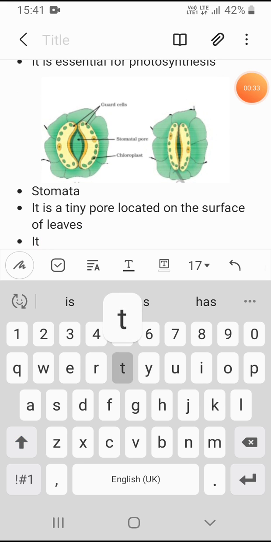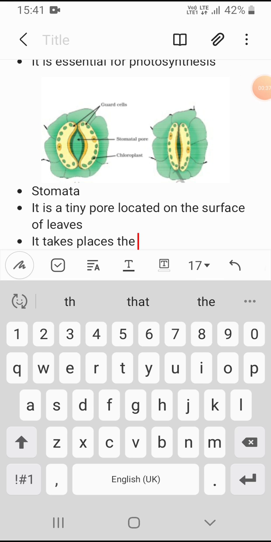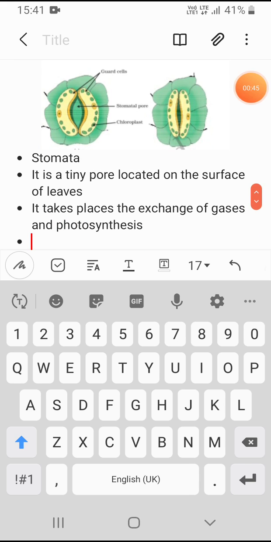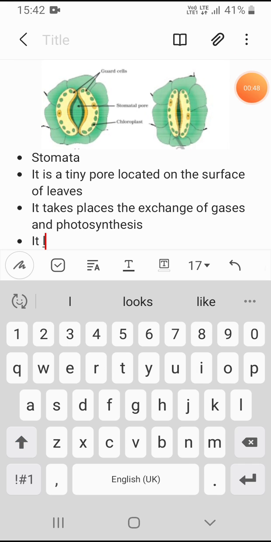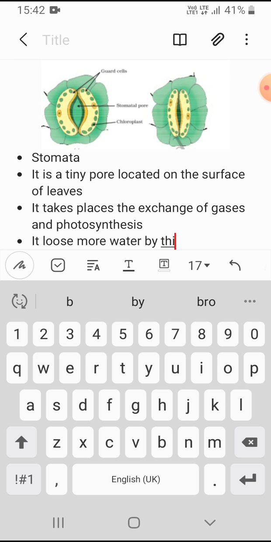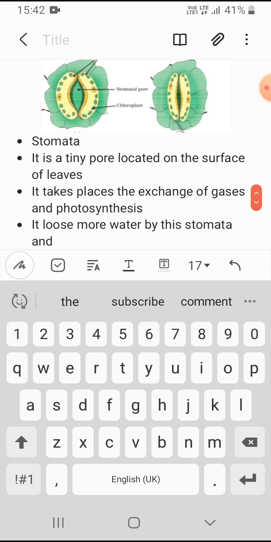The exchange of gases and photosynthesis takes place through it, and the plant also loses more water through these stomata.